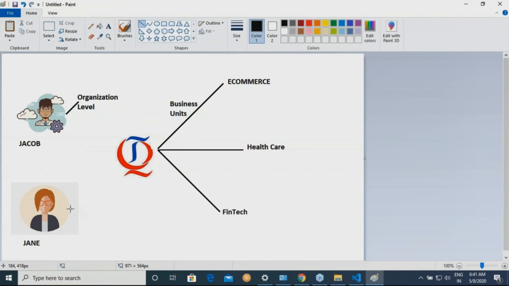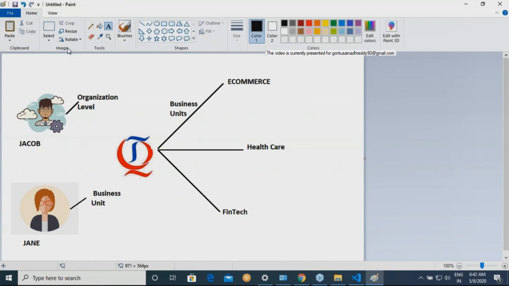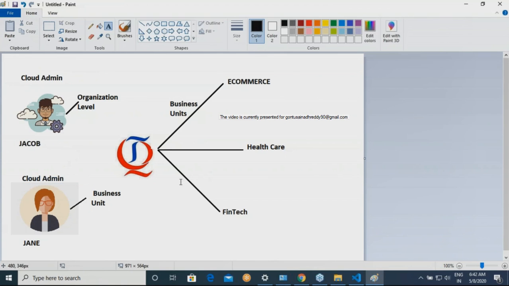And Jane works at business unit level, okay? So both are cloud administrators, okay? And she is also a cloud admin, okay?